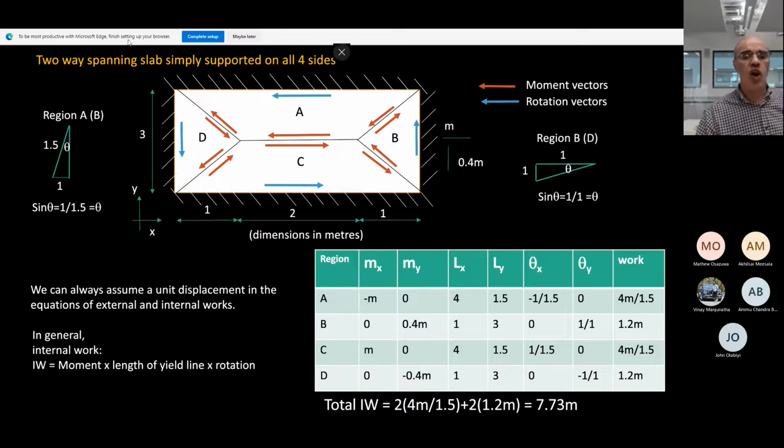So your moment along this yield line is going up, out of the paper. Use your right hand, it gives you this, look. Is that clear? Do you agree this is the direction of the moment vector?